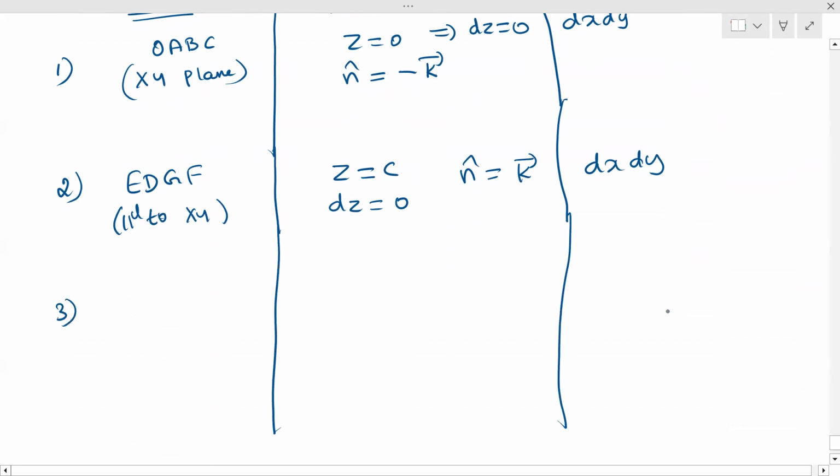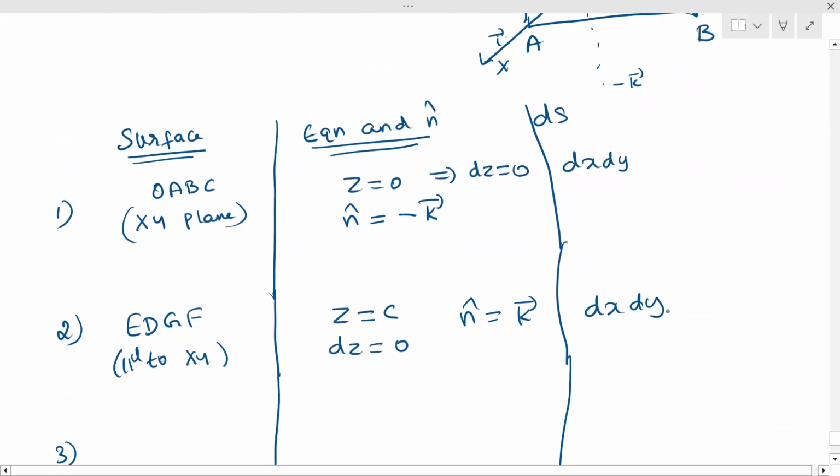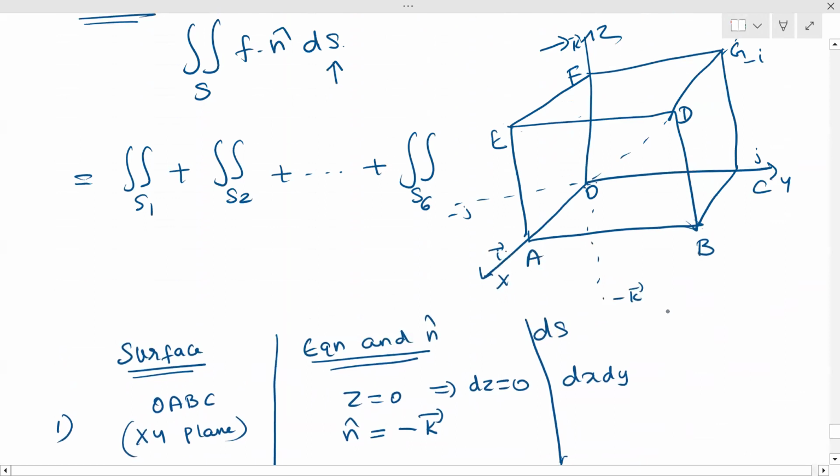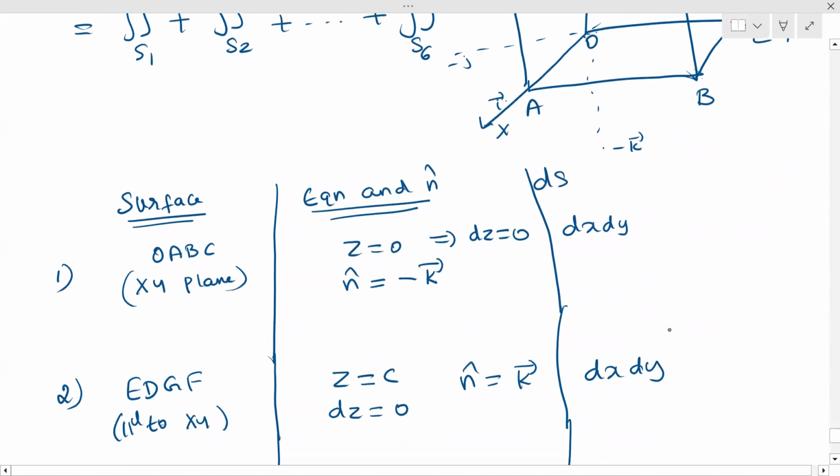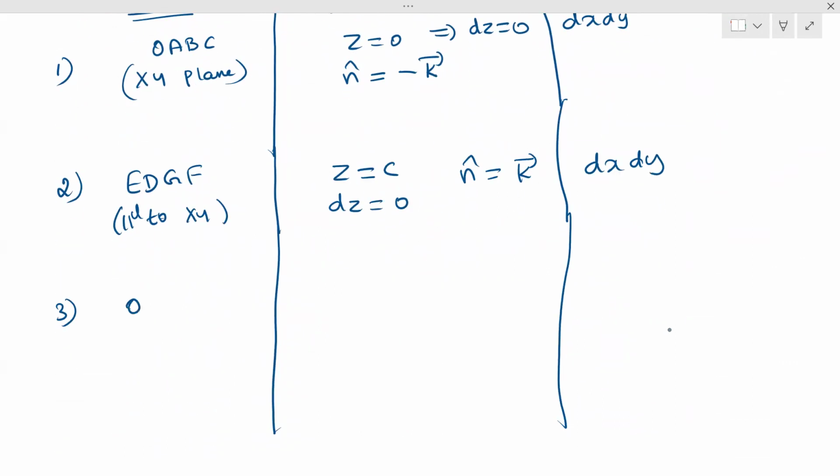Next, we go to the YZ plane. Here, which one is the YZ plane? This one, OCGF. In the YZ plane, we know which variable is 0, x equal to 0, so dx equal to 0.